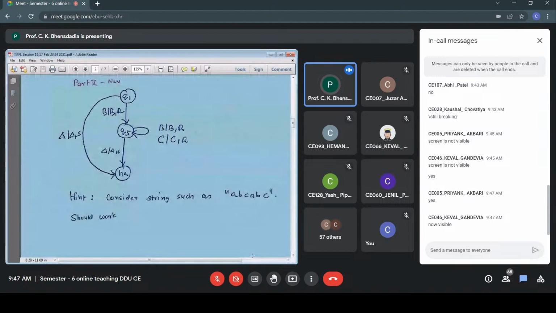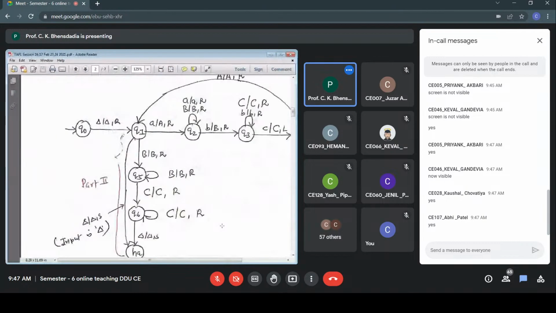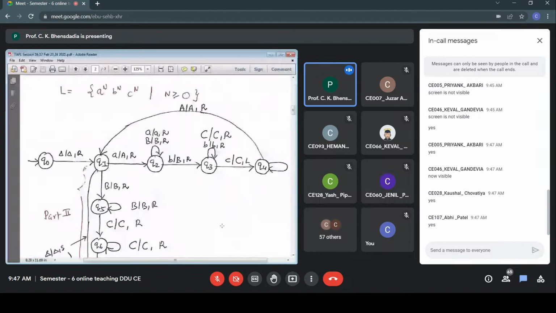Screen is visible. Okay. So see, ABC, AB, if you take, what happens? My input ABC, first ABC, and then I go back to Q. Then A, capital B, then capital C. But moving backward in the reverse direction, that is CCL, we don't have AL.